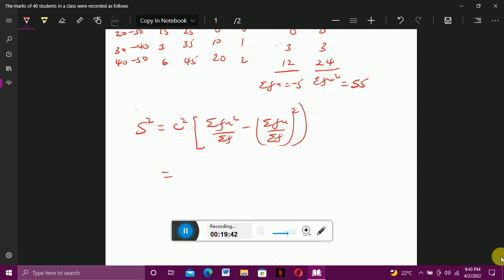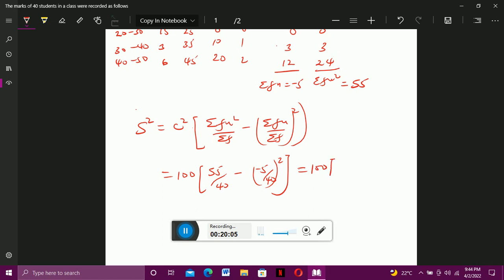So our constant is 10, so we have 100 there. Then we have 55 divided by 40 minus negative 5 divided by 40, all that squared.